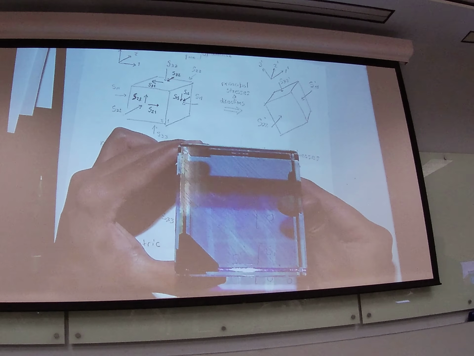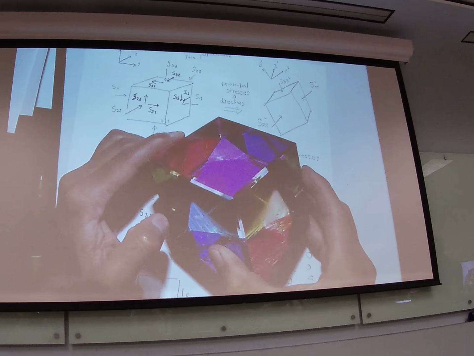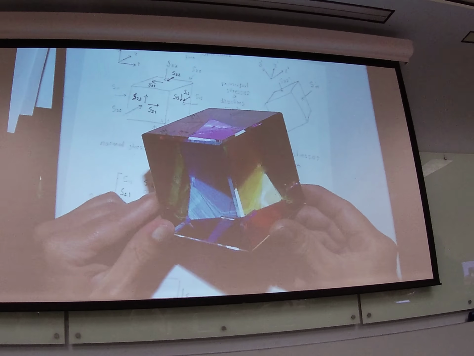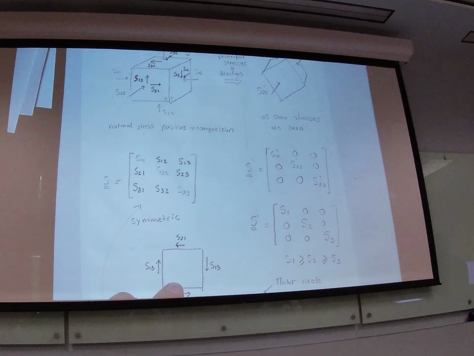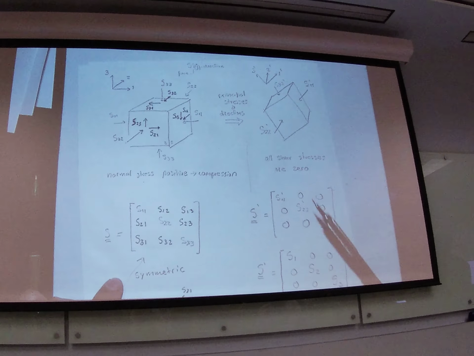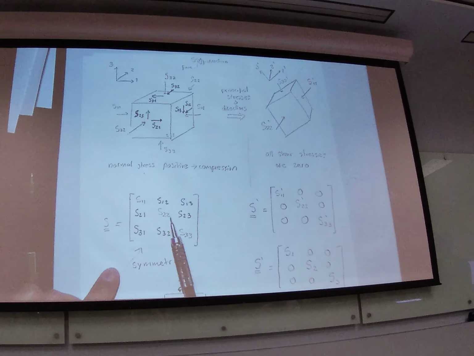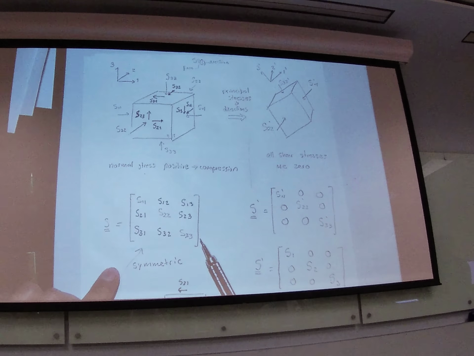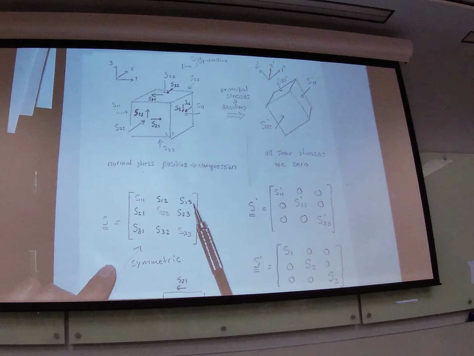When you happen to look in the right direction, it's just one number. If you don't, you will see a combination of colors. And it's the same thing as what we have over here. If you find the principal directions, it's just going to be one number, and it's going to be a normal stress. If you don't, you will see normal stresses, but you will also see shear stresses.